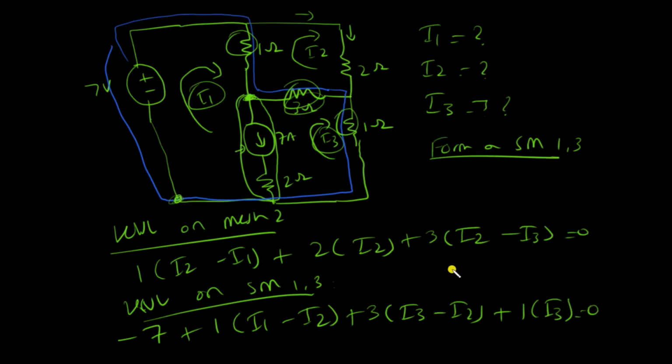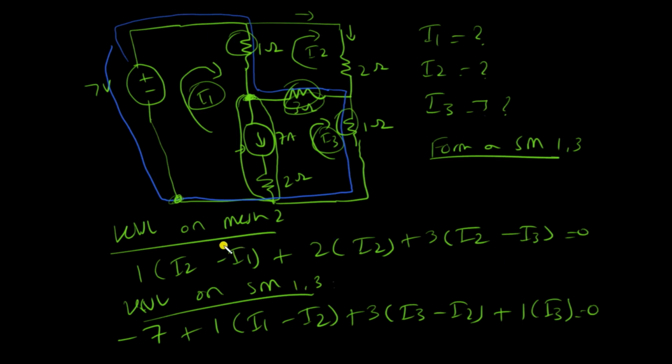So this is the KVL on the super mesh. The important thing to remember again, just ignore the branch that contains the current source and write the entire KVL for the two meshes combined. This is exactly the dual of what we were doing in the nodal analysis thing with the KCL on the super node. So this is our equation.